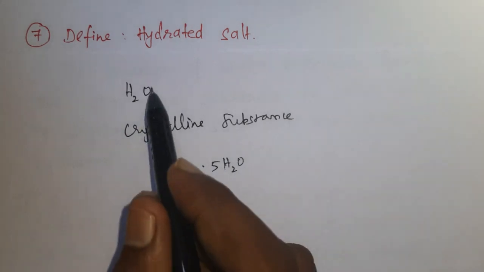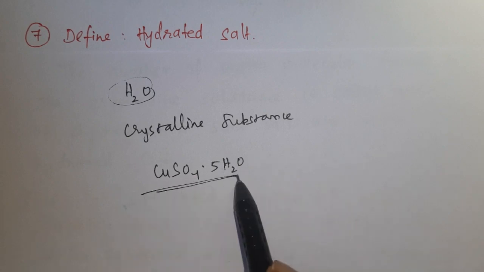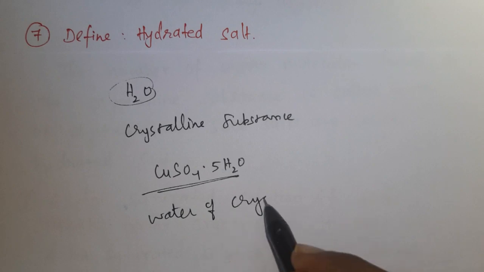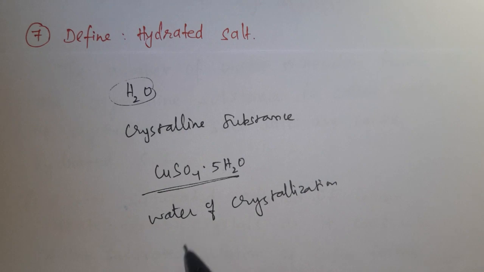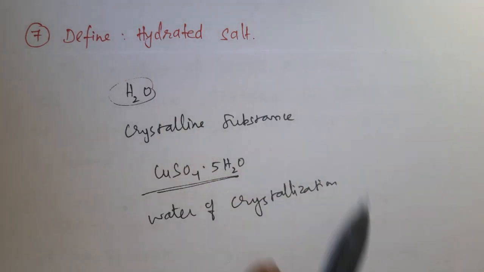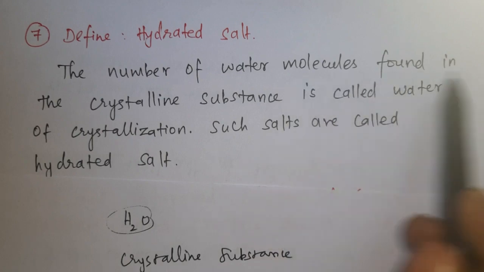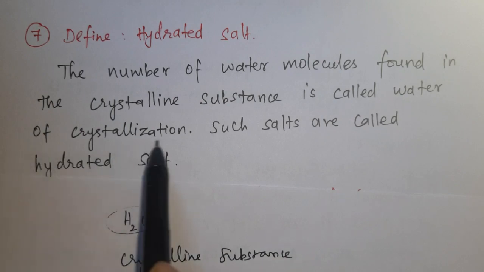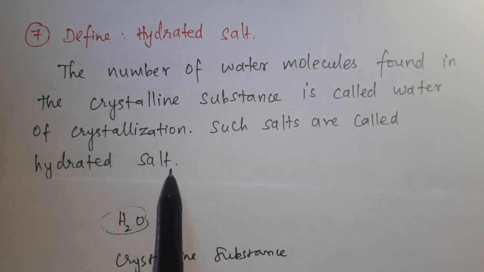So here 5 water molecules, the number of water molecules found in the crystalline substance is called water of crystallization. Such salts are called hydrated salts.